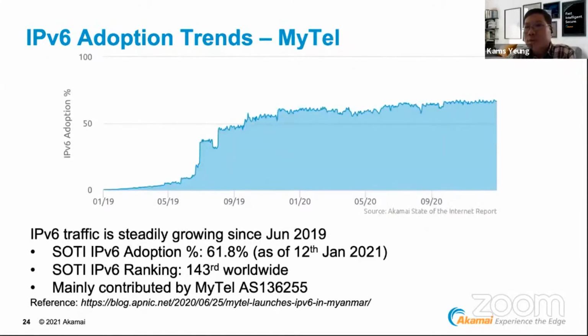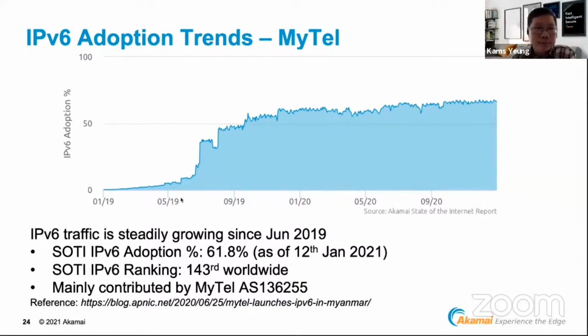Next, since Mytel is the majority of the V6, we drill down into Mytel specifically, which is a fast-growing mobile operator in Myanmar, and we see the traffic trend here.